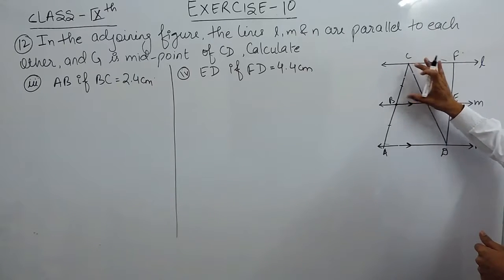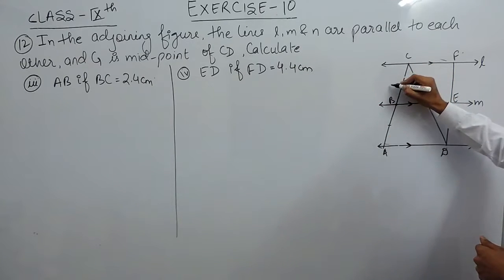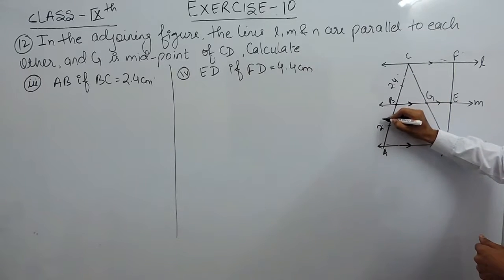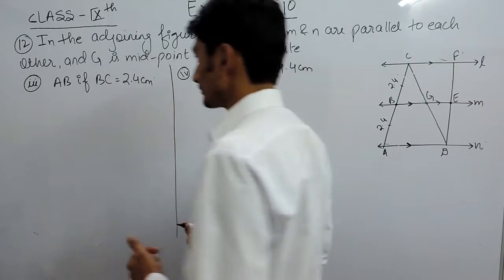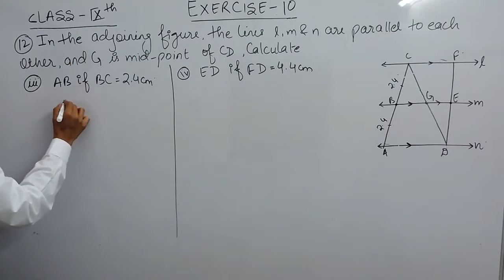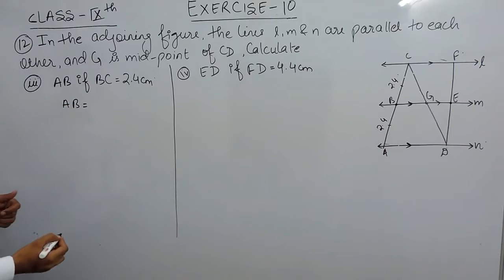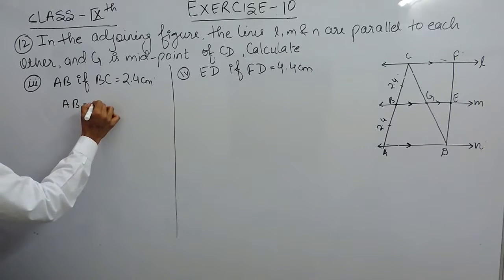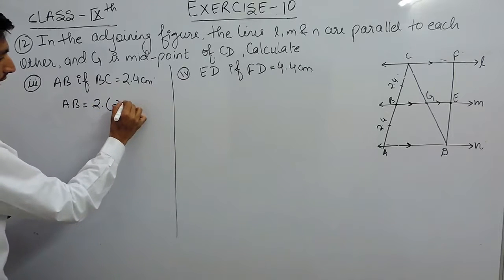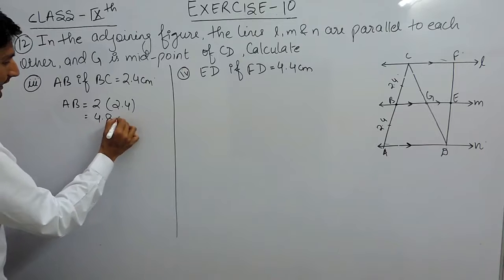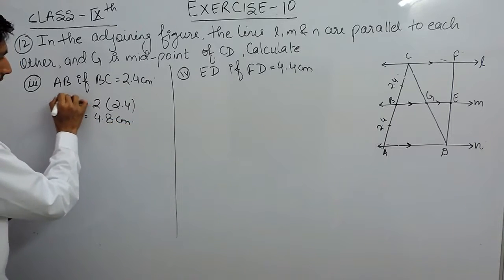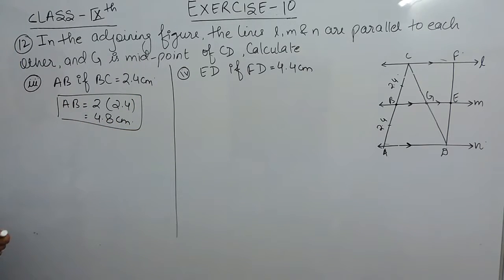And if BC, as given in the first part, is equal to 2.4 centimeter, clearly this must also be equal to 2.4 centimeter. So you can say that AB must be equal to 2.4, or you can say twice of 2.4, so this should be equal to 4.8 centimeter.